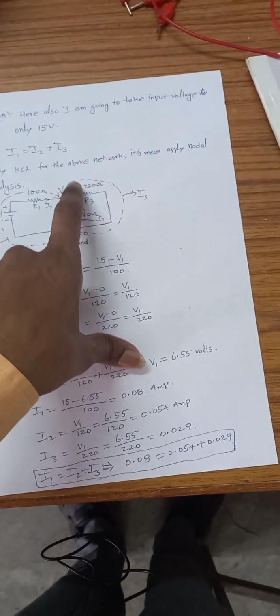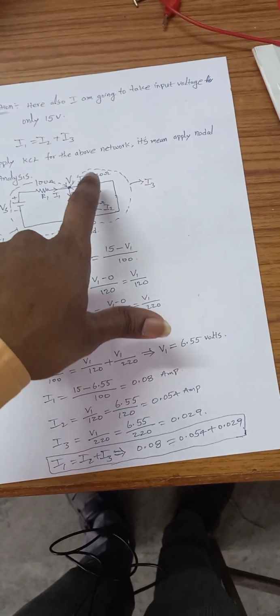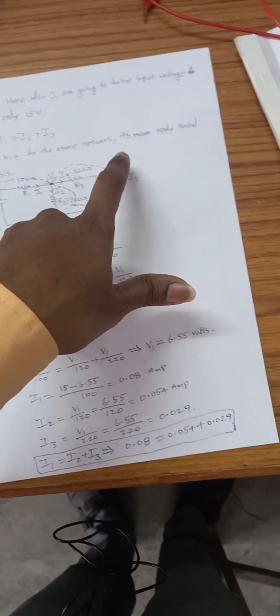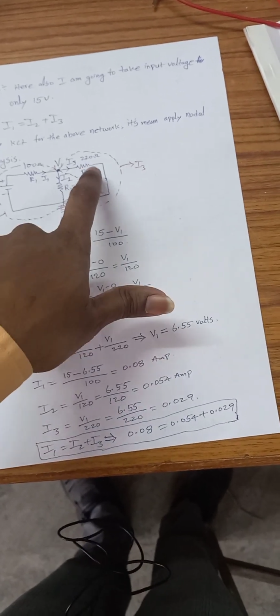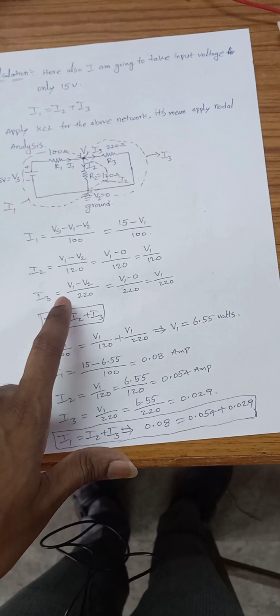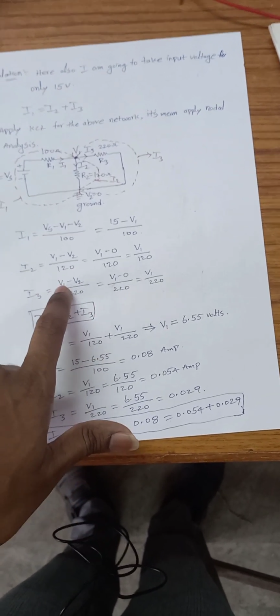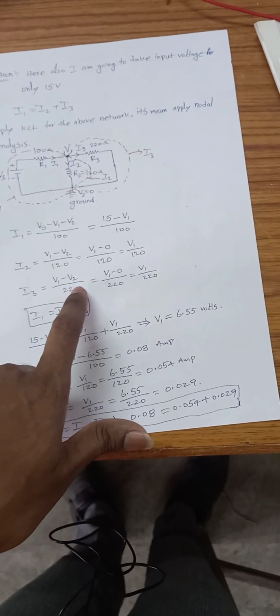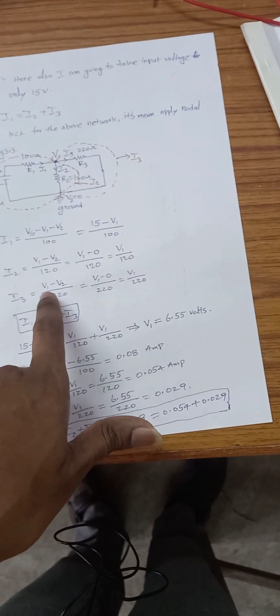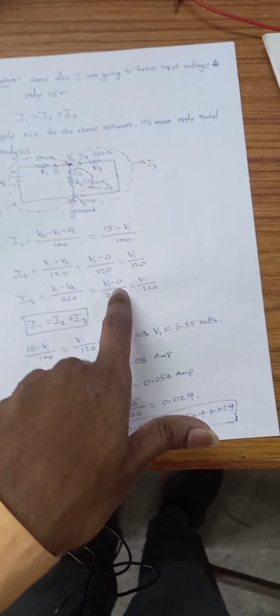V1 minus V2, and whatever the resistance is from this V1 to this V2, that resistance is 220 ohms, that 220 ohms we can replace it here, V1 minus V2 by 220 ohms. V2 is ground potential, which is 0 now, that's why we can replace V2 with 0.